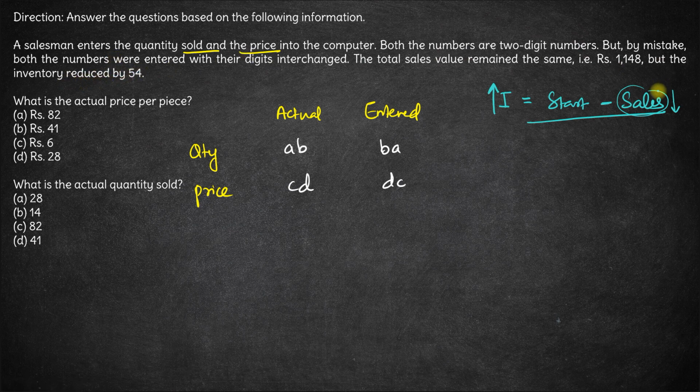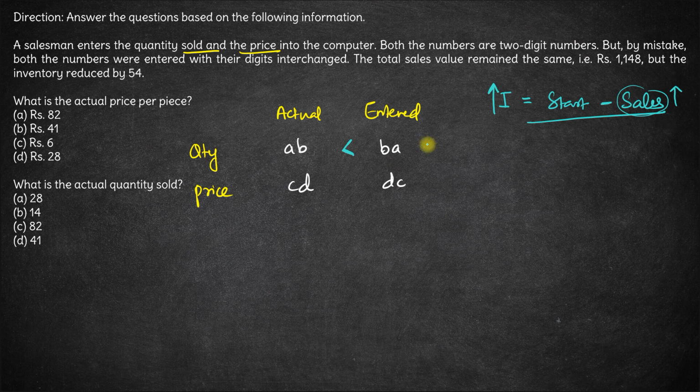That means the amount of sales entered in the computer must be higher. That's why the inventory reduced. The number of units left would be lesser because he entered a higher number of quantities sold in the computer, right? That means the quantity entered is greater than the quantity actually sold.